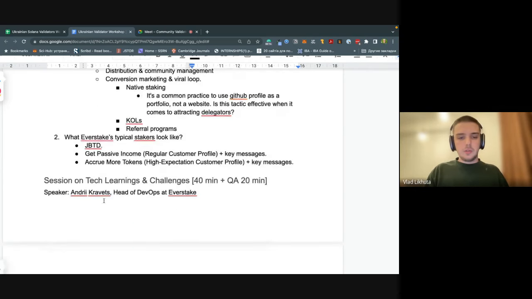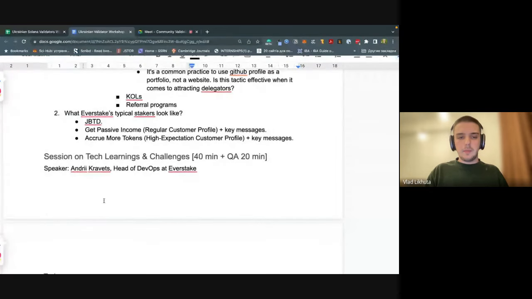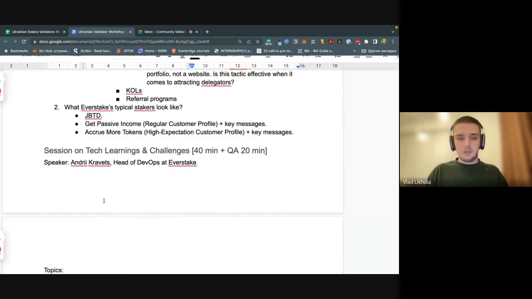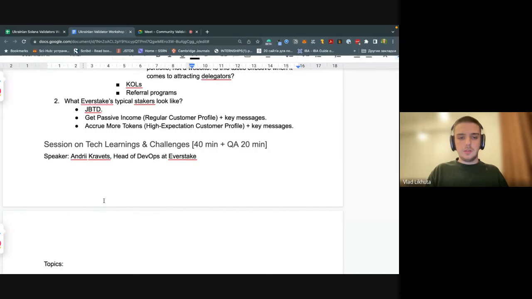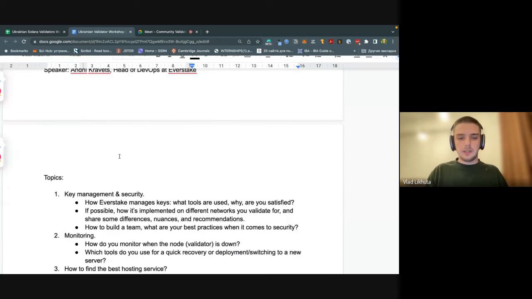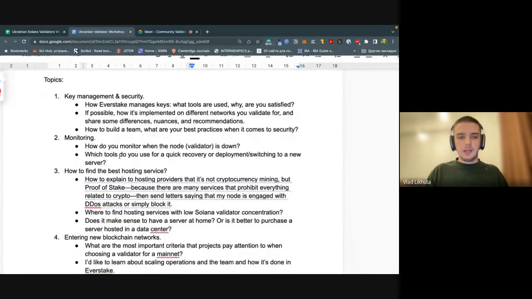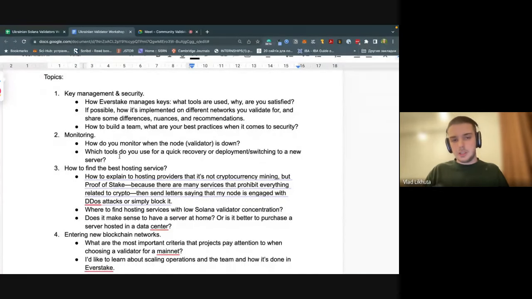Then we are going to talk with them about the tech learnings and challenges, some lessons learned by Everstake, and this session will be hosted by our head of DevOps, Andrew Kravitz. He is going to talk about how to manage keys, about some security questions, and about how to build great monitoring systems, to make sure that you know if your validator is down, right?